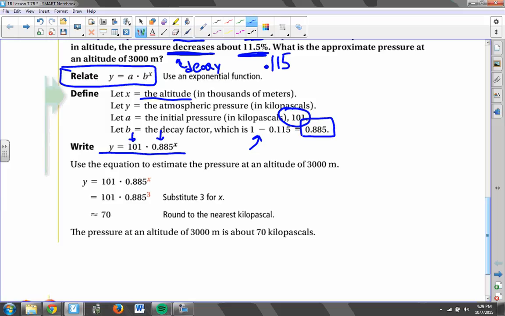So instead of my x value here, I'm going to substitute 3 in for x, and on our calculator we do 0.885 to the third power, multiply that answer times 101, and we get right about 70. So it's about 70 kilopascals at an altitude of 3,000 meters.